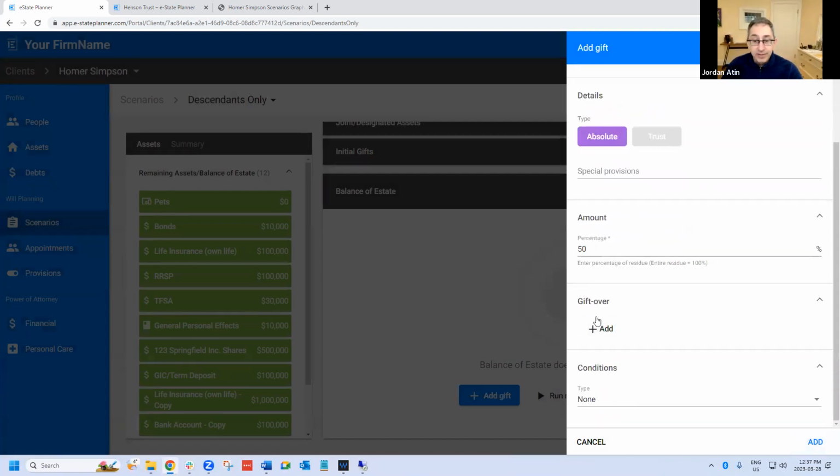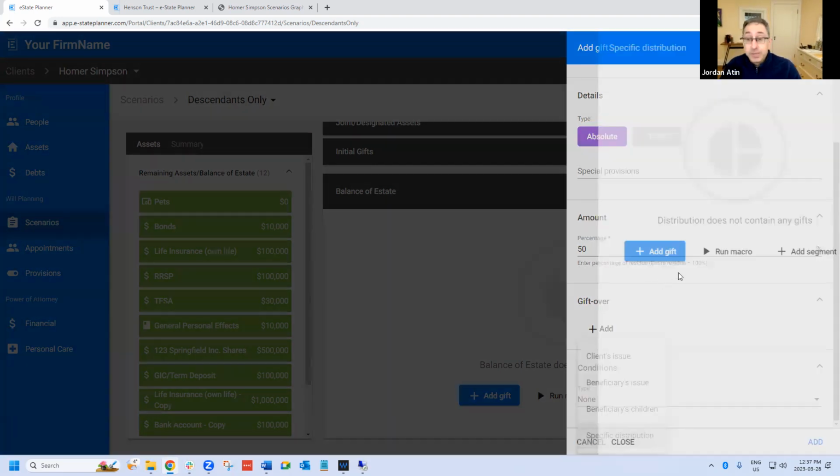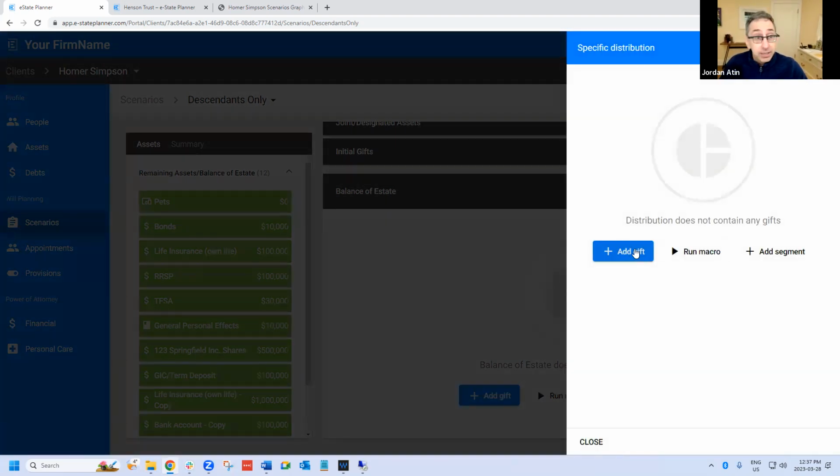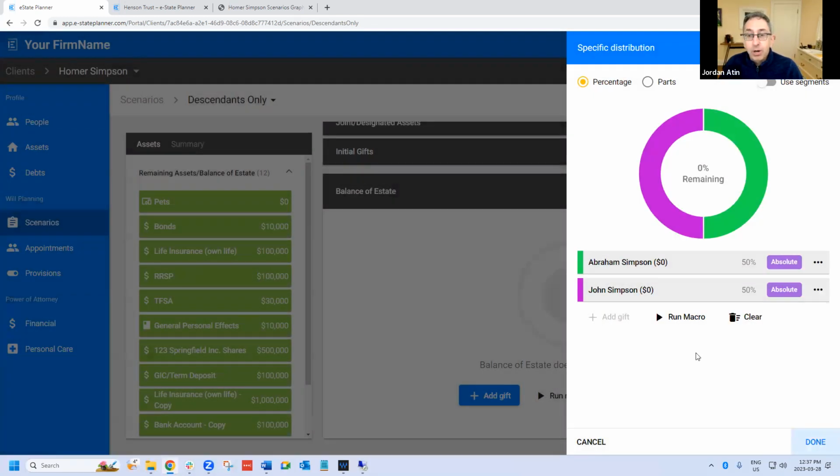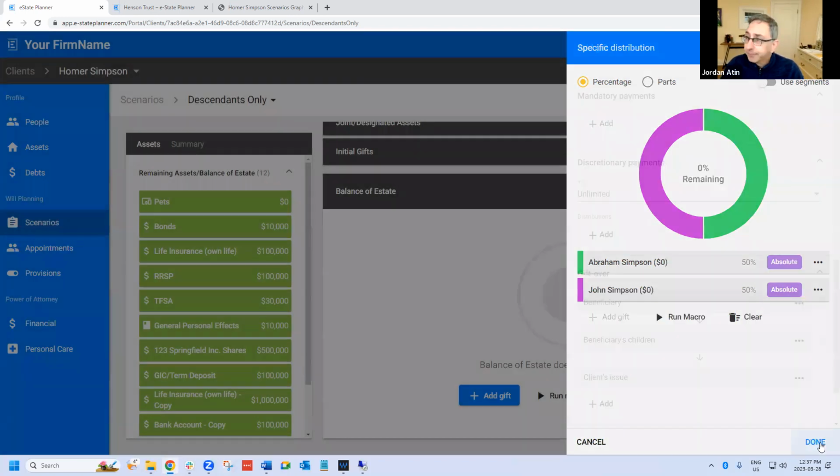And you could have further gift overs for his 50% to his kids or his issue or another specific distribution. So you can keep going. You can create another specific distribution if John's not alive for his gift over portion of Bart's gift over, et cetera, et cetera. And you just can keep going. And that's how you add more complicated gift overs.